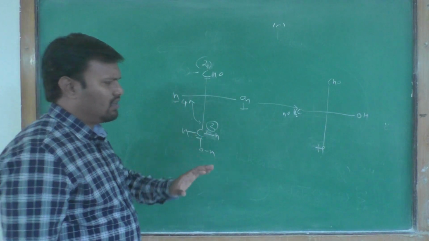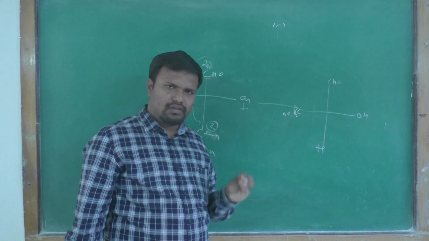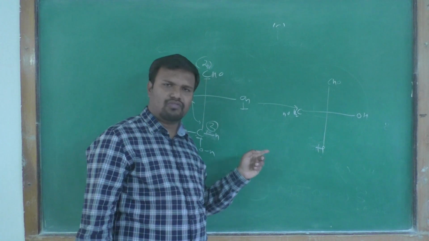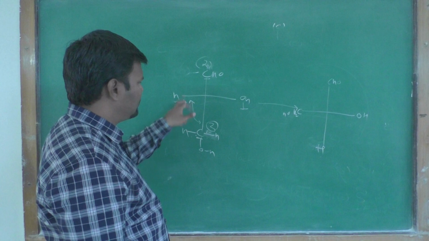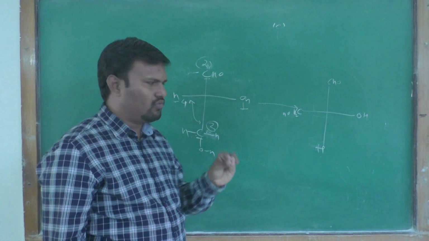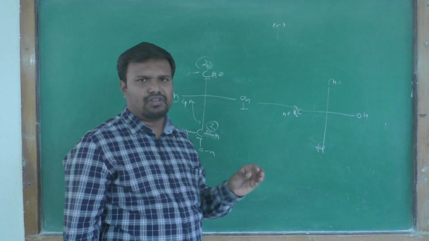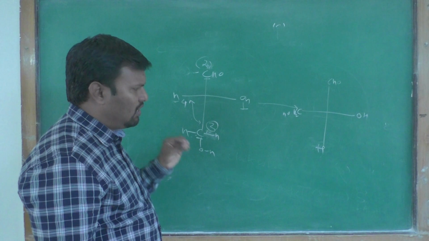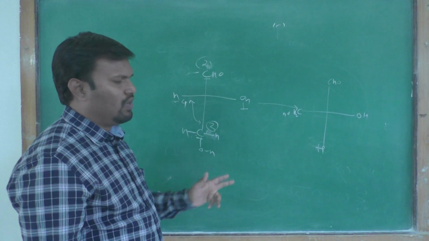We have learned in a Fischer projection formula that an odd exchange will change the configuration. Therefore, if you make the first exchange, you have to consider the second exchange. There is a need to consider the second exchange. Always remember that two exchanges should be there.